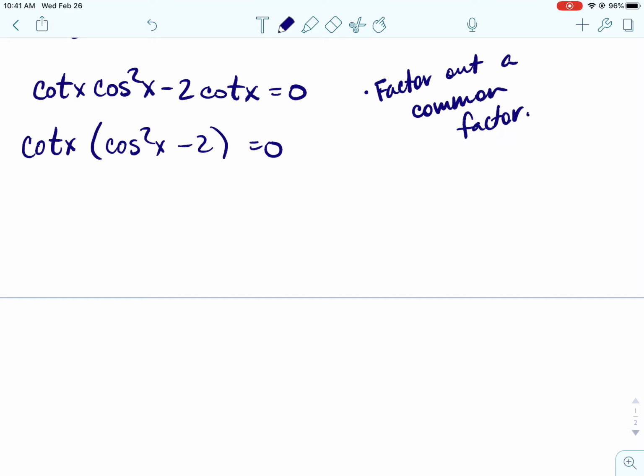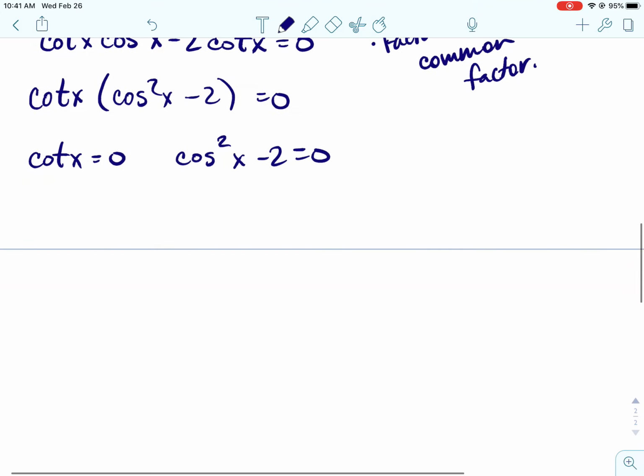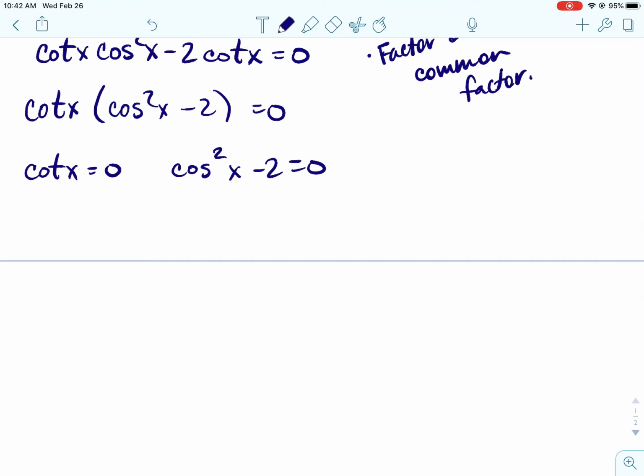Okay, and once we get it factored, then it's not too bad, and we did something like this yesterday. Once it's factored and it equals 0, that means that one of these must be equal to 0. So we'll set them each equal to 0, and then we're going to solve them down. So cotangent of x equals 0, we're good. The cosecant squared one, we have a couple of steps.